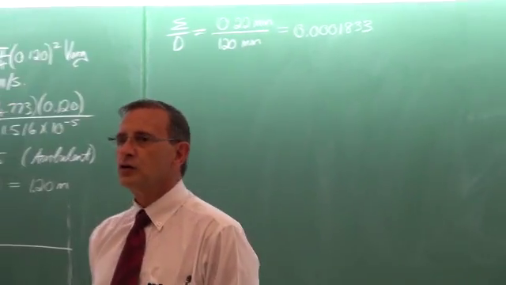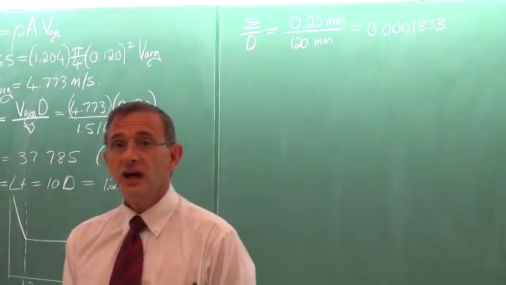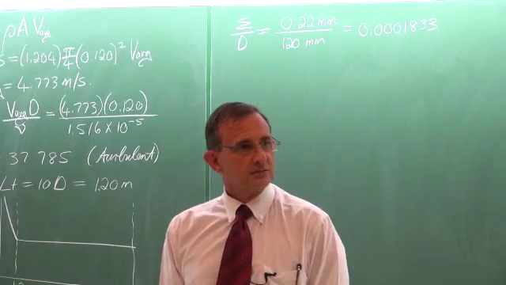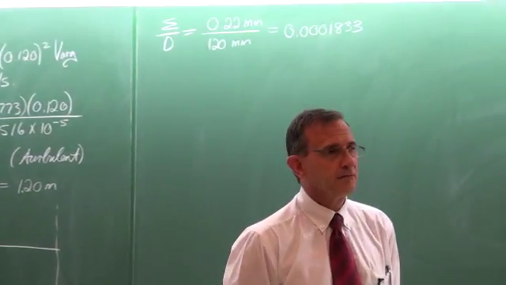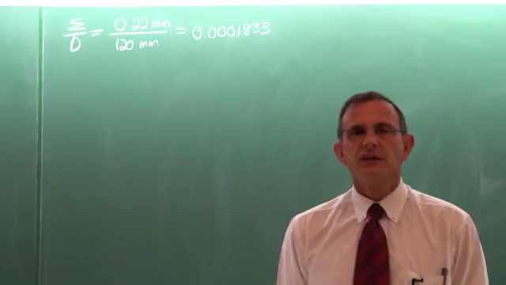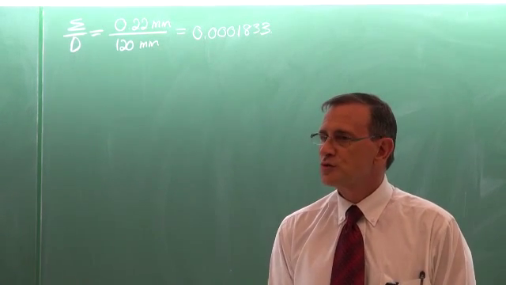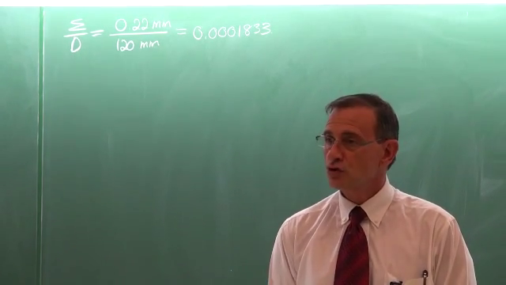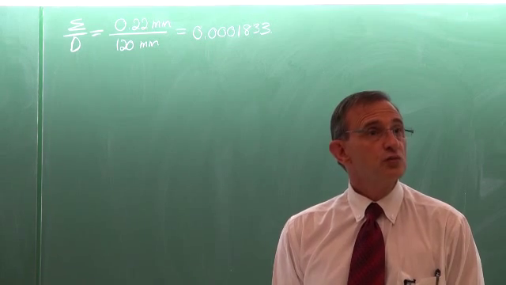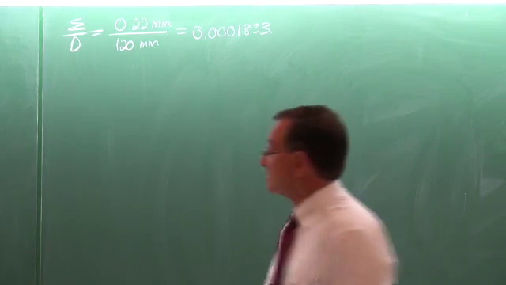It's very, very difficult to get a rough tube. In the old days, the tubes were cast, and then they were rough. But these days, 99% or even more of all the tubes which are available are actually smooth tubes. And therefore you can use the smooth tube equations.